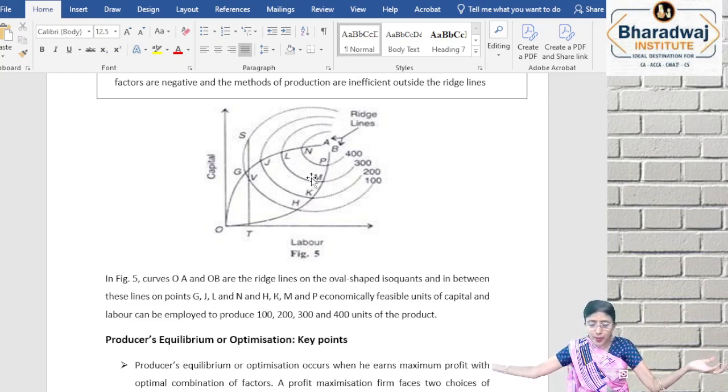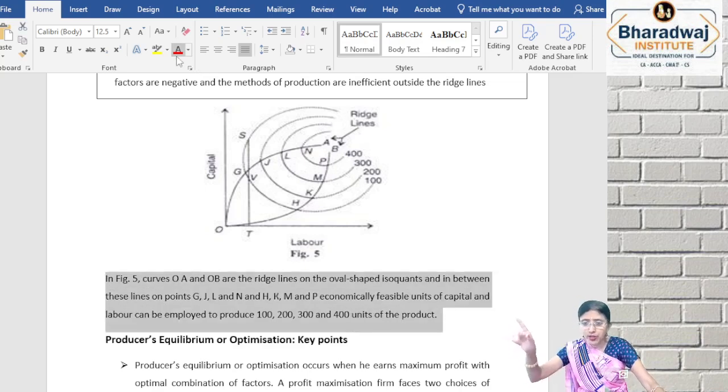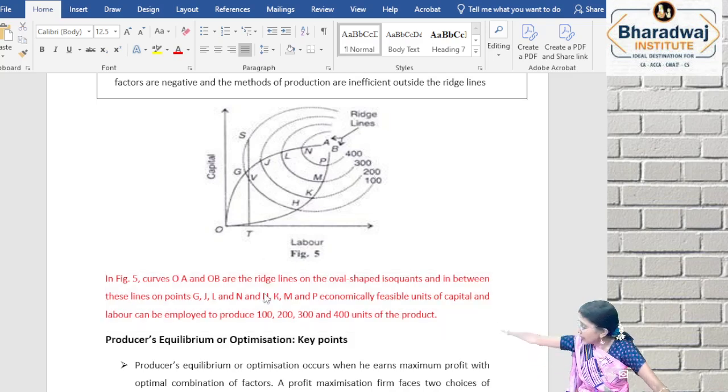Outside the upper and lower ridge, inefficient. So it gives you the frame, upper and lower ridge. Within that, efficiency. Outside that is irrelevant or inefficient. Remember that only. So know the definition, see the diagram, know the upper edge and lower edge. The purpose is given here.